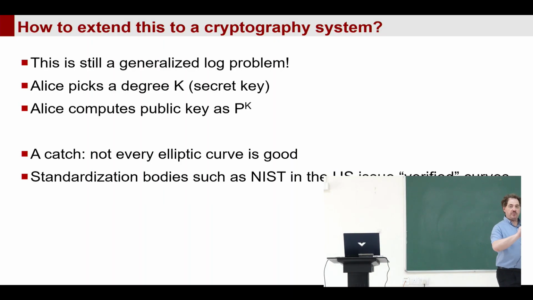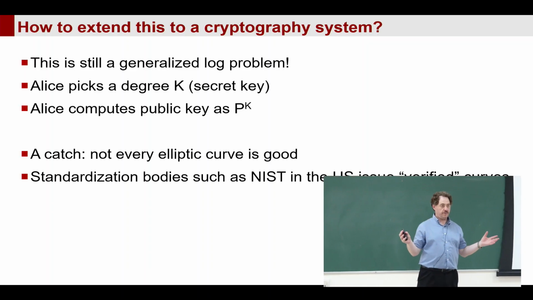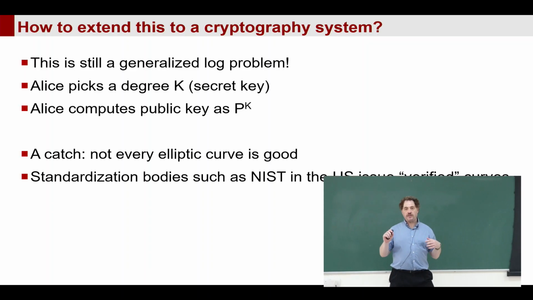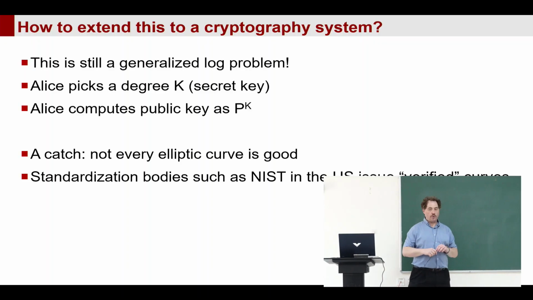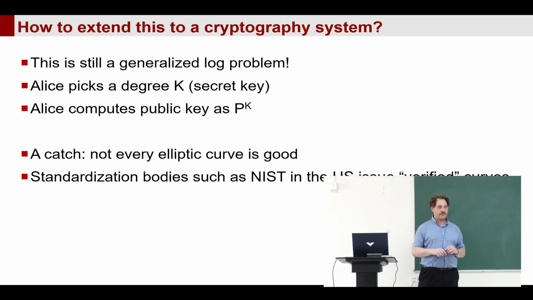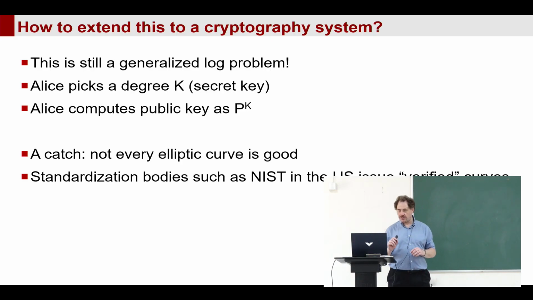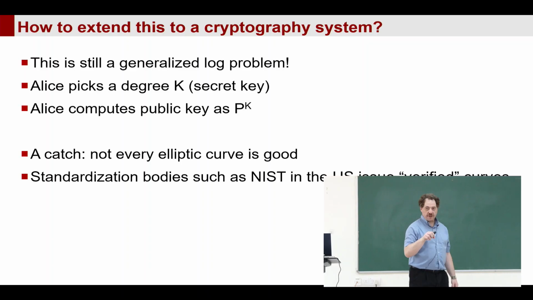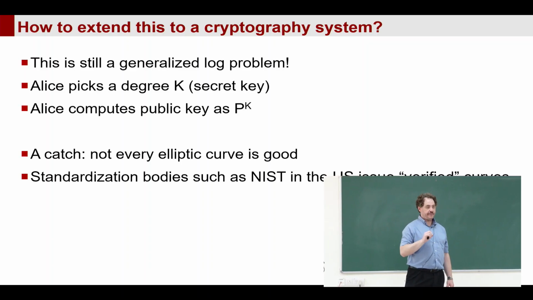Again, the elliptic curve would be known to everyone. It's like the group. And the generator of the group would also be known to everyone. So Alice takes the generator P and calculates P to the degree of k, where k is the secret key. And again, it can be done more efficiently, in time logarithmic in k, in the same way.